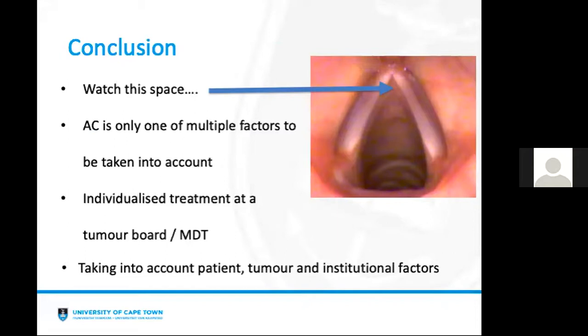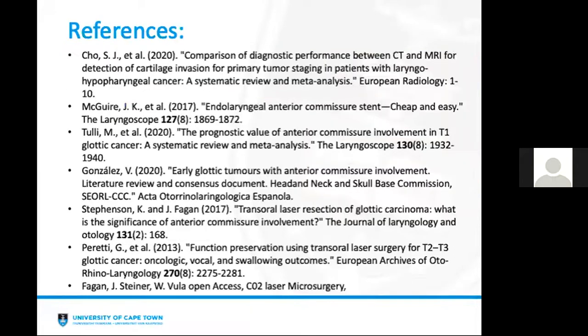However, having said this, despite all its hype, it's only one of multiple factors which may or may not influence your choice of treatment. And again, just to re-emphasize that all decisions should be individualized in the context of the MDT, taking into account the usual patient, tumor, or disease and institutional factors. These are my references.